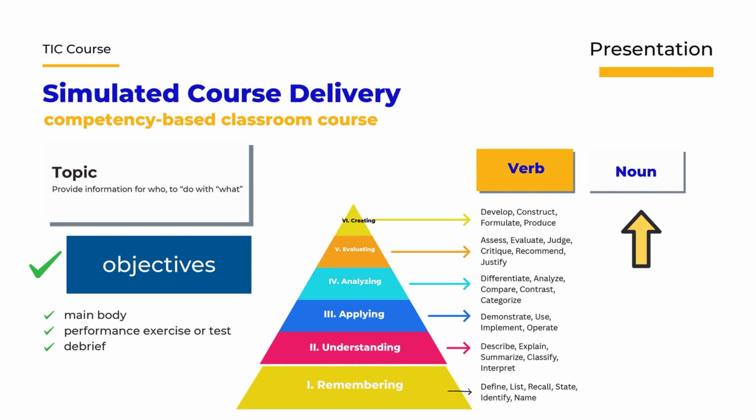Level 5, Evaluating, assess the effectiveness of an airport emergency response plan. Level 6, Creating, design a terminal layout in accordance with ICAO standards. So, remember, the right combination of verb and noun will make your learning objective both clear and competency-based, which is exactly what you will practice in your simulated course delivery.